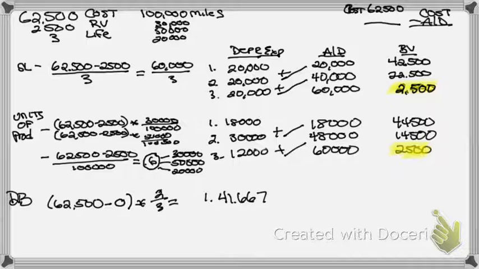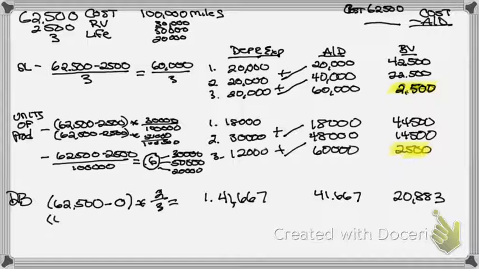Okay. All right, so the first year is 62.5 minus 0 times 2 over 3, which is going to give you 41,667, which is your accumulated depreciation. And then that is the wonderful number that you're going to subtract from the cost of 62.5, which gives you a book value of 20,883.